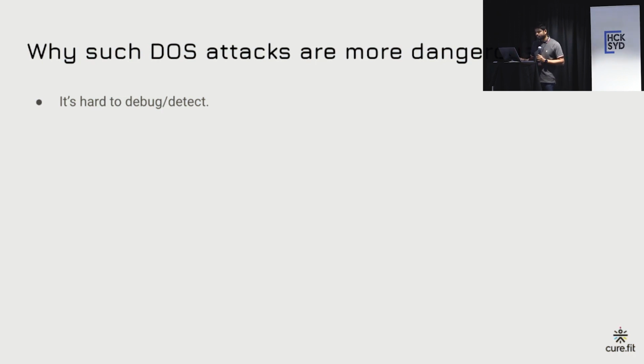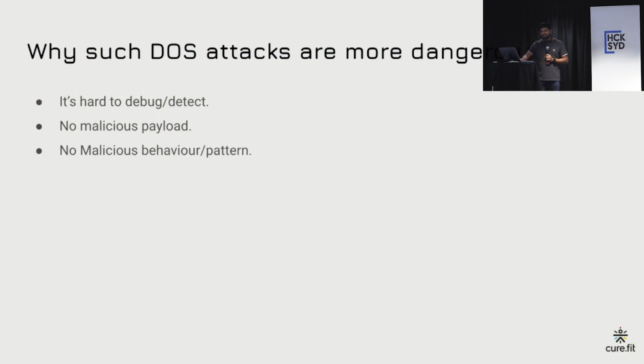But when it comes to debugging, it will be hard to detect why they are getting this. And again, we put a firewall in place to avoid application attacks, so we generally define certain rules to recognize a signature and then filter based on it, like XSS or SQL injection. But there is no malicious payload that we can put as a rule in the firewall, and we can't even see a malicious behavior or pattern.